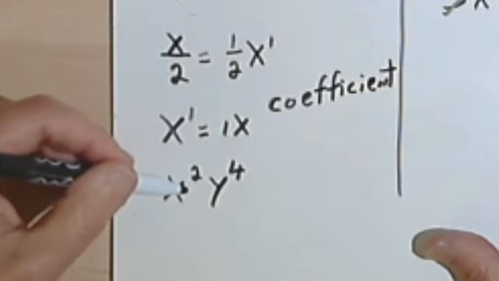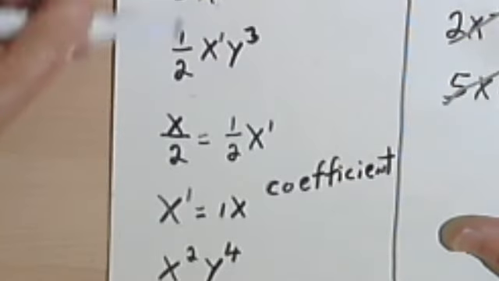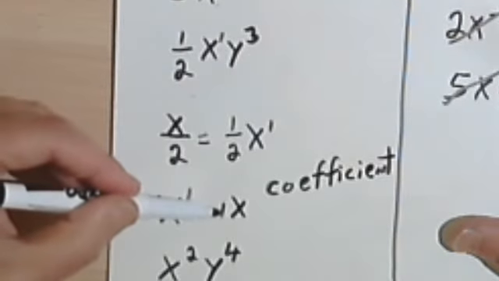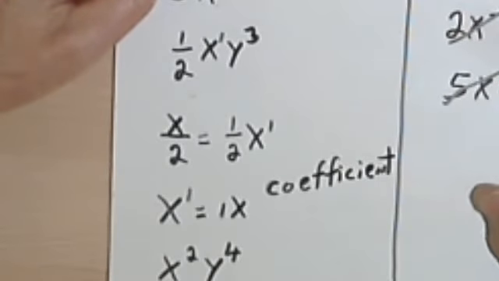Okay, so what you need to remember is monomials have coefficients, that's the number part of them. The variables can have exponents. If they have exponents, the exponents have to be positive whole numbers, no negative exponents, no fractional exponents.